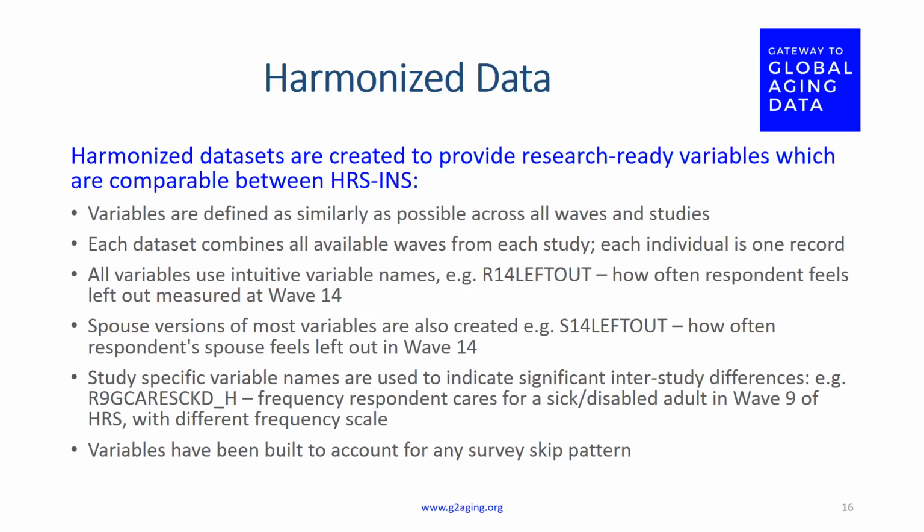For example, R9 G care sick D underscore H indicates the frequency of caring for a sick or disabled adult in wave 9 of the HRS, but it uses a different frequency scale than some of the other studies do. Finally, harmonized variables have been built to account for any survey skip pattern.